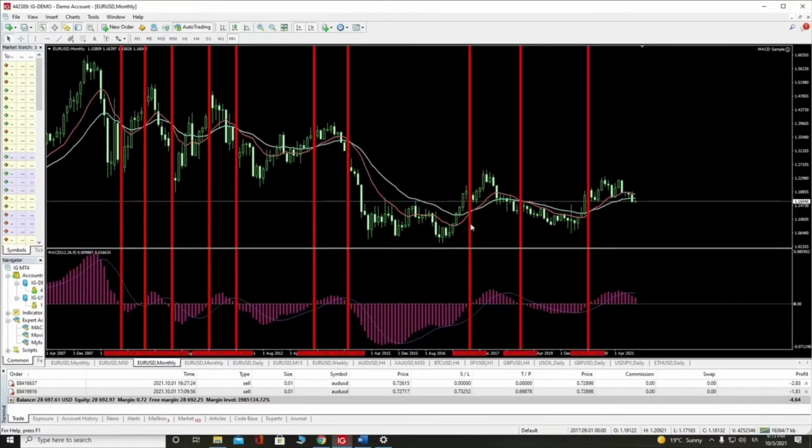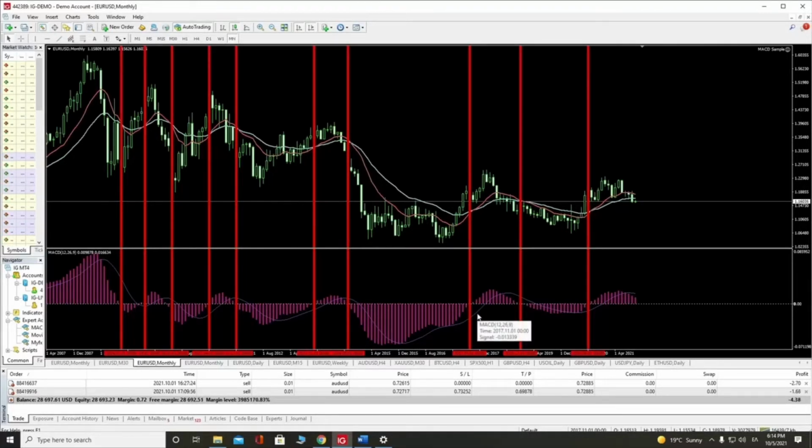MACD uses two exponential moving averages, EMAs, the 26 and the 12, which I have put here in my graph. By subtracting these two EMAs, we have the MACD line. When we apply the 9 EMA to this MACD line, we have the signal line.